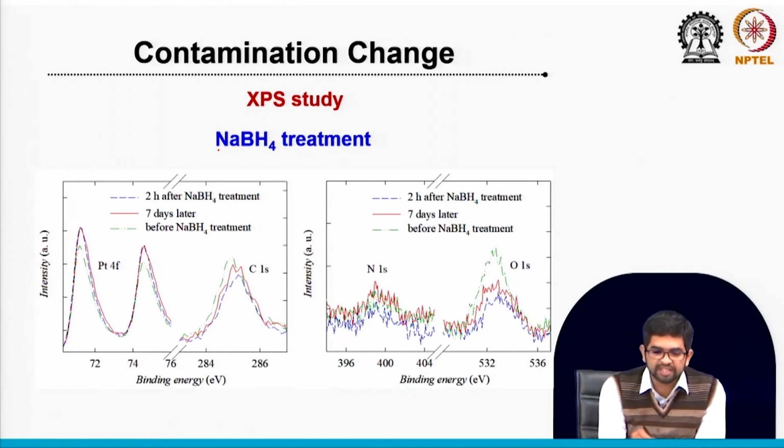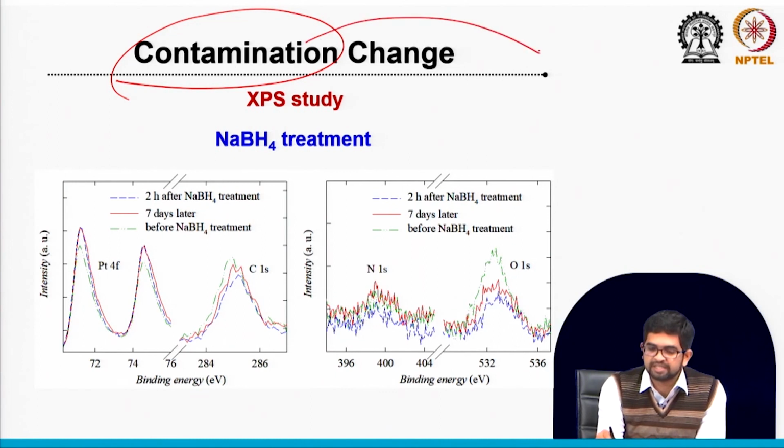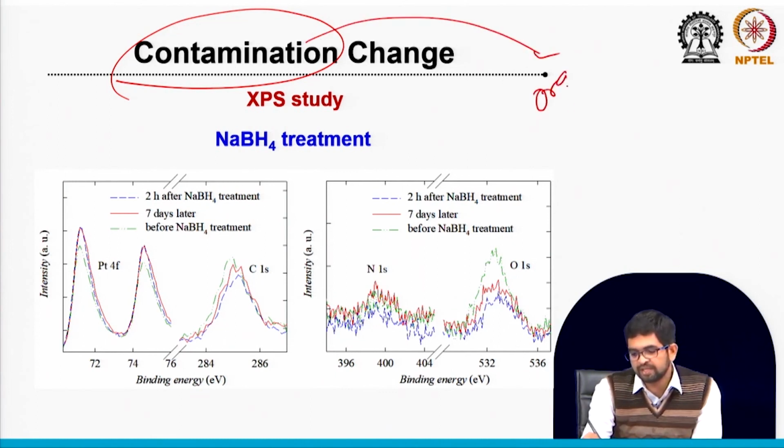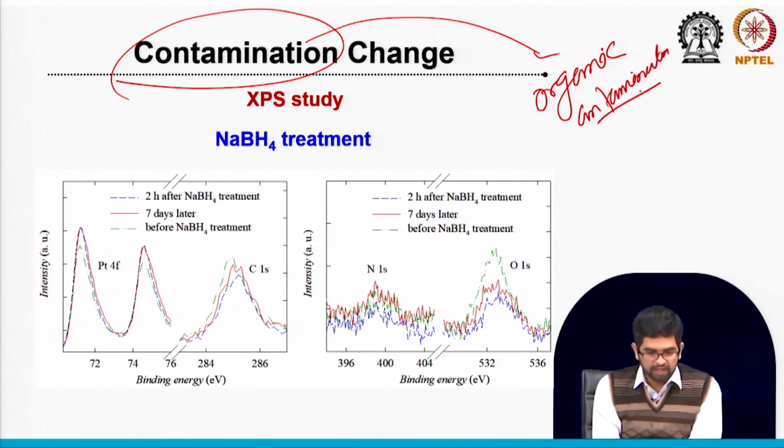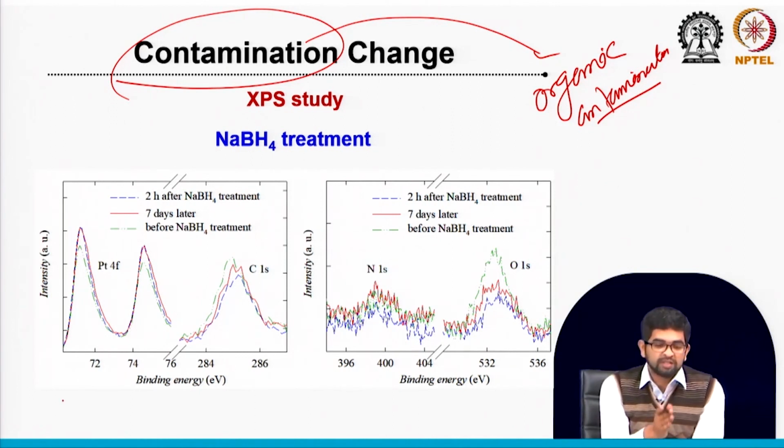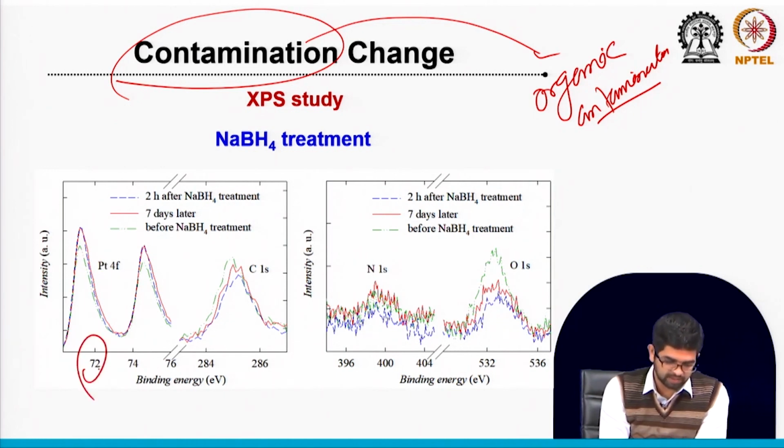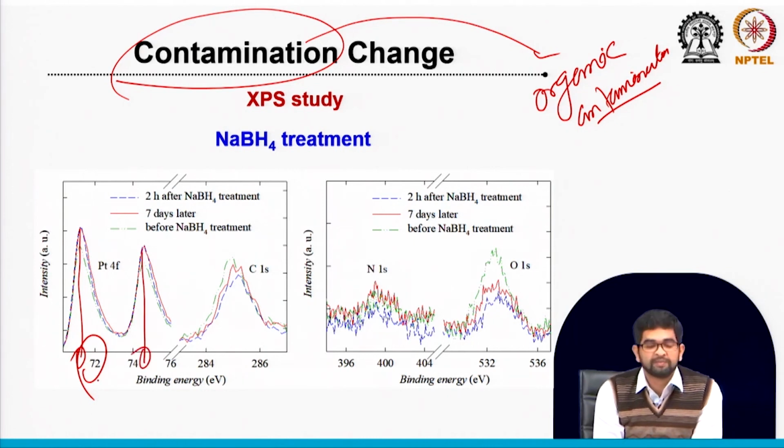So, why check the contamination? XPS can show if there is, mainly we may think, any organic contamination, right. See the platinum region; last class I showed you the gold region. Now I am showing you the platinum region, here and here also another.